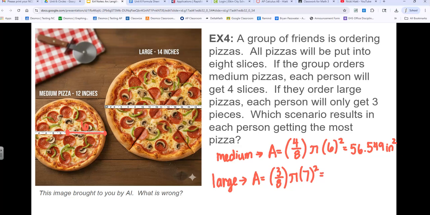So if I type this into the calculator, I'm going to get 57.727 square inches. So in this particular case, you actually want to get the large pizzas. It's not a huge difference, but even though you're only getting 3 slices, you get a little bit more pizza if you order the larges overall.